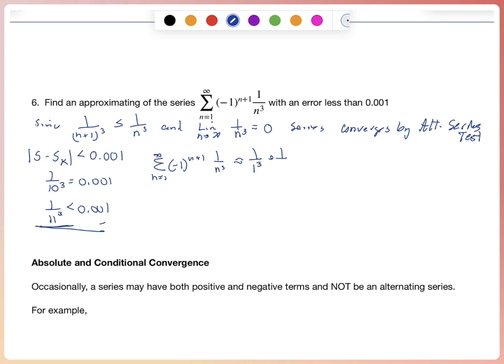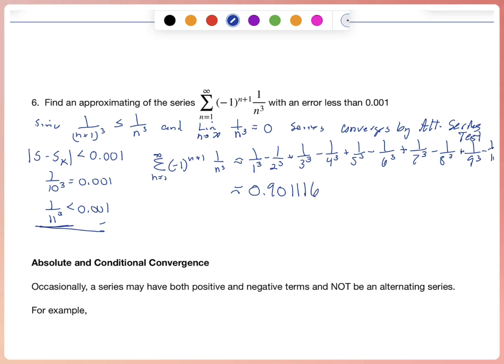So that's going to be 1 over 1 cubed minus 1 over 2 cubed plus 1 over 3 cubed minus 1 over 4 cubed plus 1 over 5 cubed minus 1 over 6 cubed plus 1 over 7 cubed minus 1 over 8 cubed plus 1 over 9 cubed minus 1 over 10 cubed. And then typing all that into my calculator, I get 0.901116.